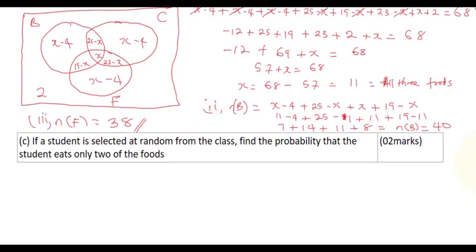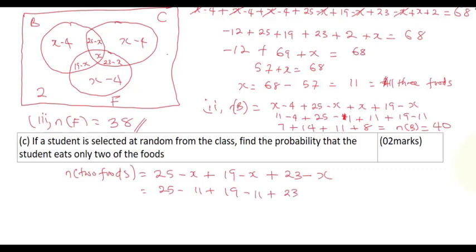Now, only 2 foods from here, you can see it's 25 minus X, 19 minus X, and 23 minus X. So for only 2 foods, it's going to be 25 minus X plus 19 minus X plus 23 minus X. This will be 25 minus 11 plus 19 minus 11 plus 23 minus 11.